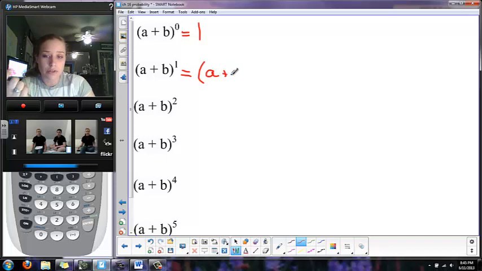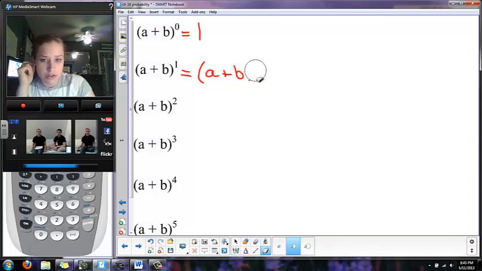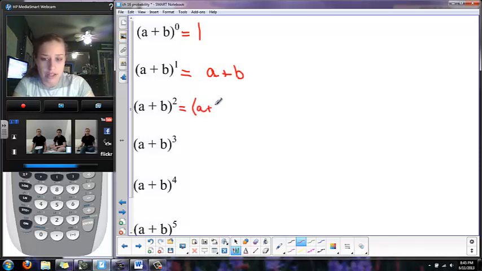Those two parts are really easy, but this is where we get into the more complicated stuff. Once you're taking a binomial and squaring it, that's when we learned about the foiling method, probably around 7th or 8th grade.